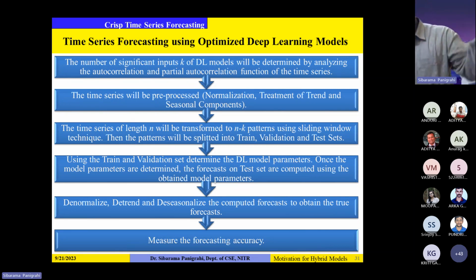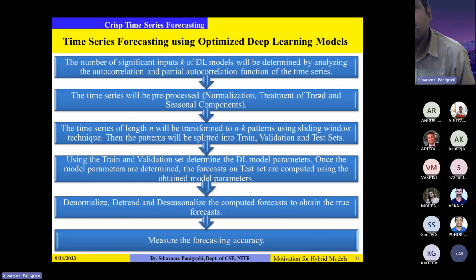Then we will convert the time series into input-target patterns. But before converting, we have to pre-process the time series, which means we have to normalize it. Normalize means transforming the data from one range to a range between 0 to 1 or -1 to 1, so that it will be more suited to be operated by the deep learning models.